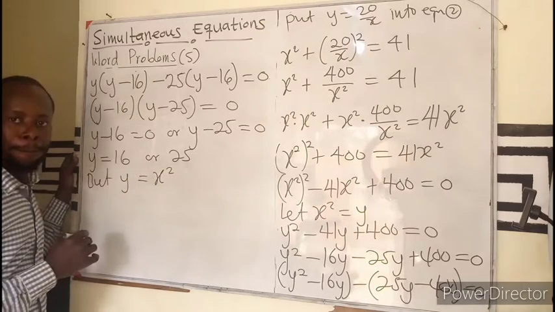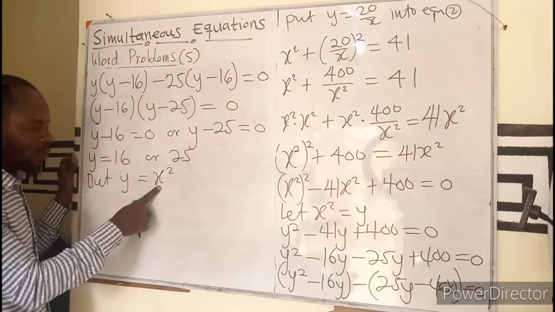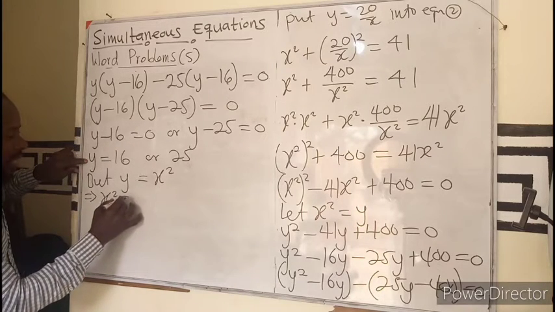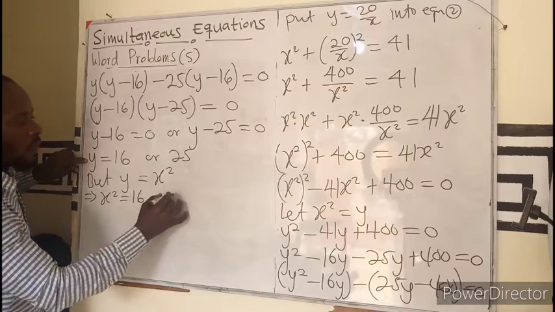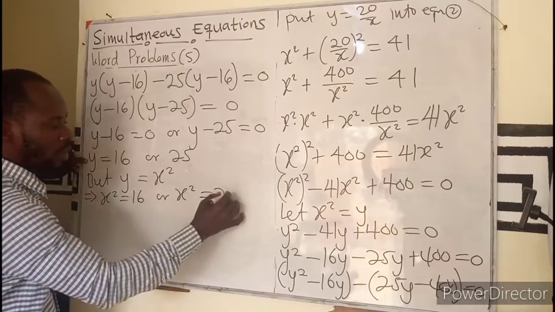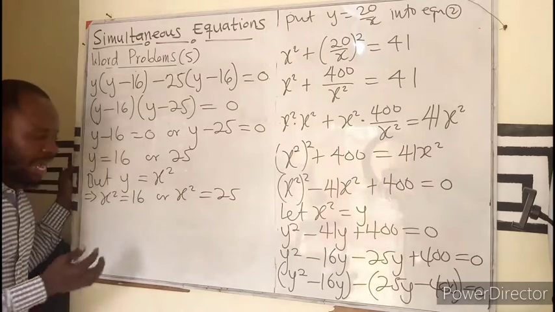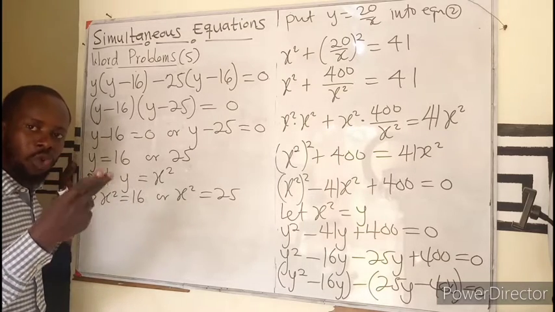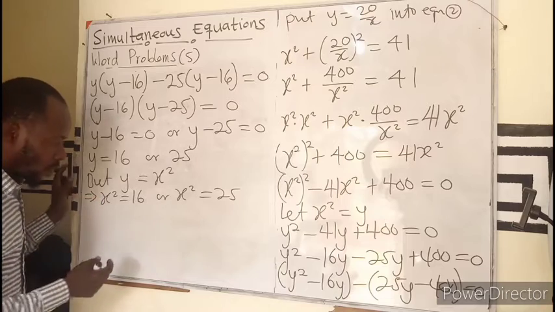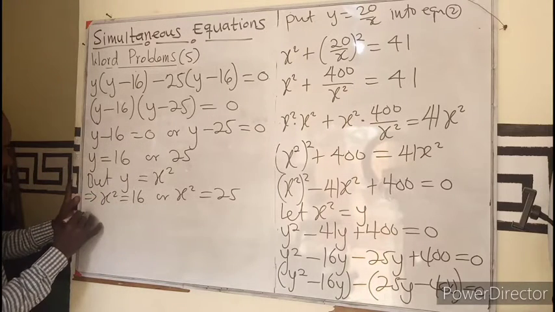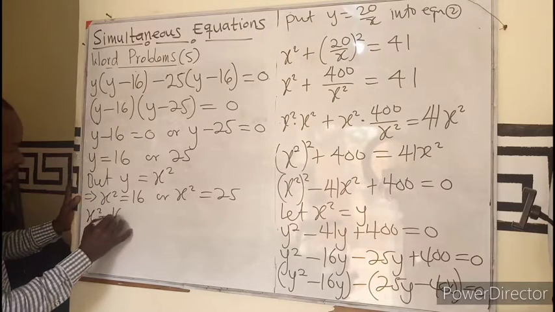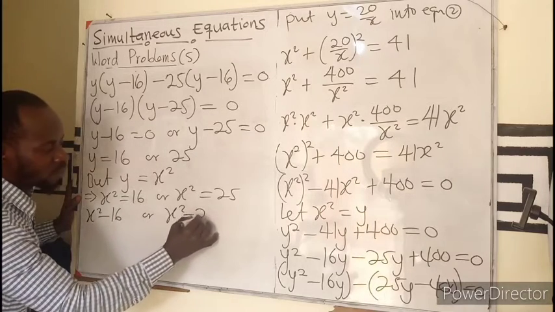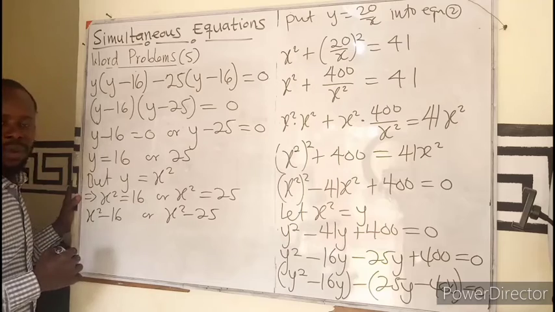X squared. If y is equal to x squared, it means that we are going to have x squared equals 16 or x squared equals 25. I can find the square root, which we all know gives you two answers, positive and negative. Or I make it this way: x squared minus 16 or x squared minus 25.